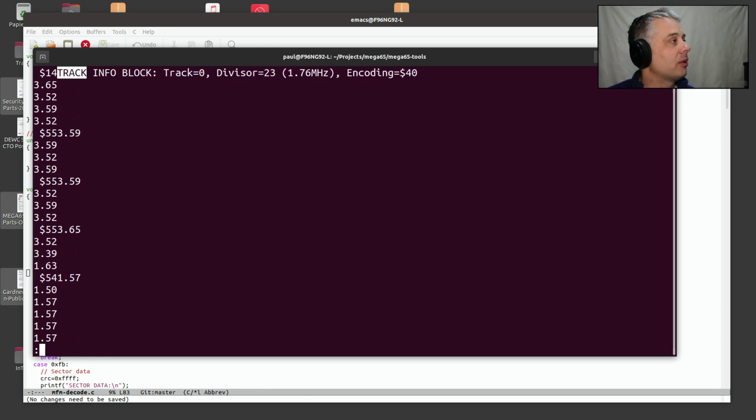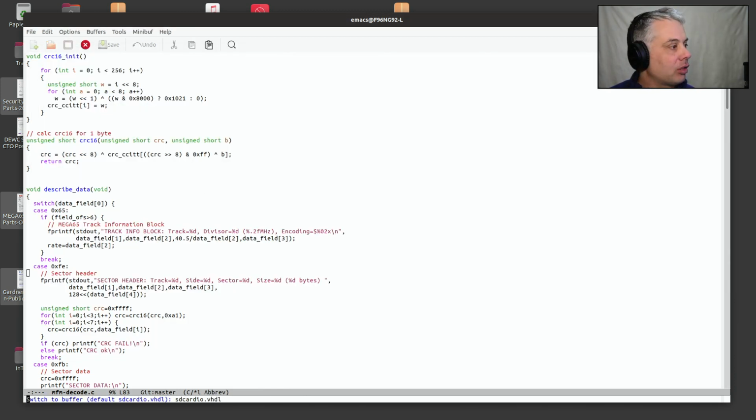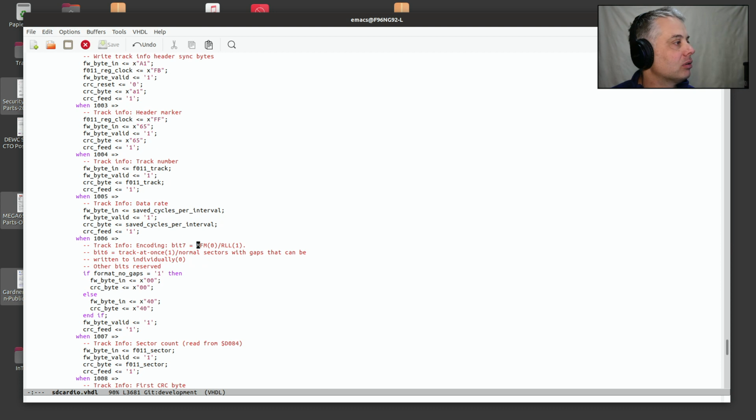The trick now is that we need to have an RLL decoder instead of the MFM decoder activated, because the encoding is indicating that it should be RLL. So let's have a look, because I thought it was bit 7, but apparently it's not. Oh no, that's gaps, no gaps.